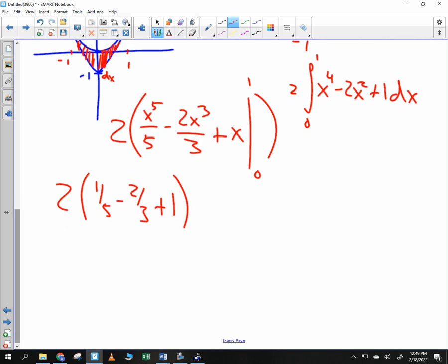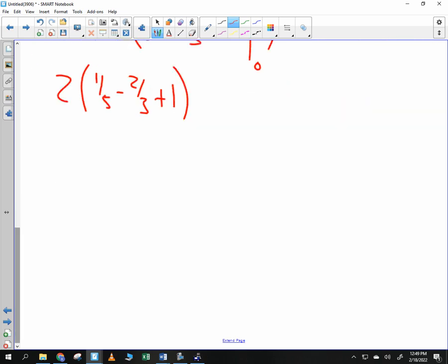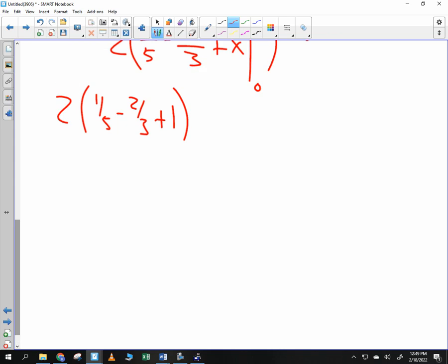And I can make this a really clean result. What should my denominators be? 15. So I will have 2 times 3/15 minus 10/15 plus 15/15.